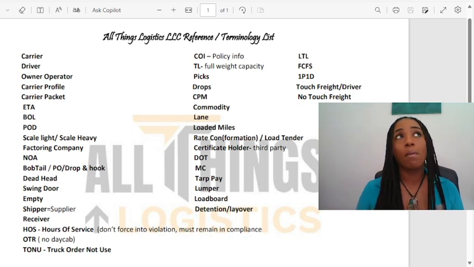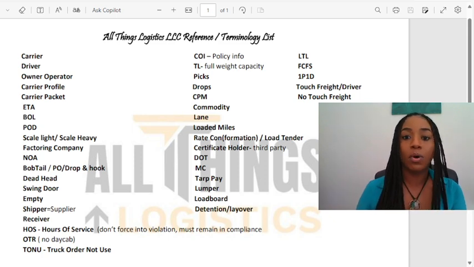Now, you can almost always assume that when it comes to tires, they're going to go into detention. The carriers know as well. It's just how it goes. It takes forever for them to unload and load those tires. And so with detention, again, those terms are within the rate con, so you'll have to pay attention to what is being agreed upon.